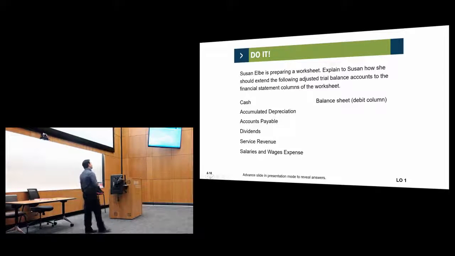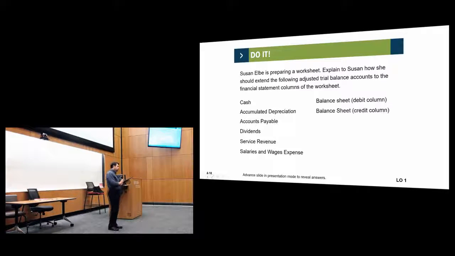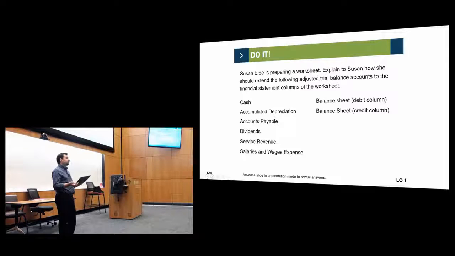Because it's a contra asset, it's the opposite side of the asset. So it is on the credit side, the credit column. Accounts payable. That's a liability. Liabilities go to the balance sheet and on the credit column.